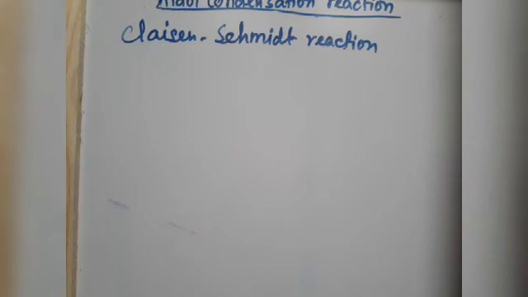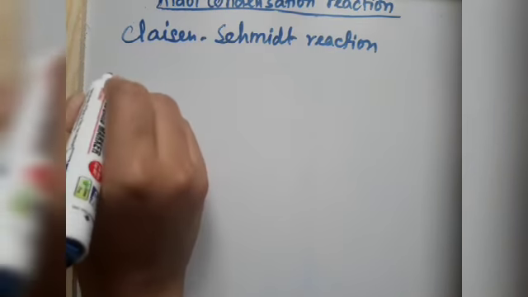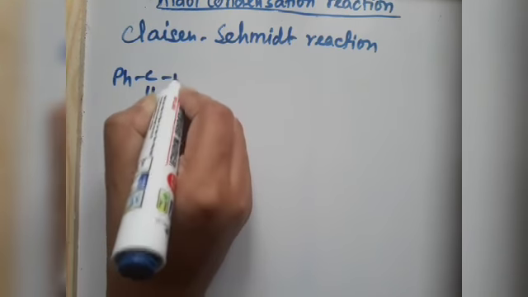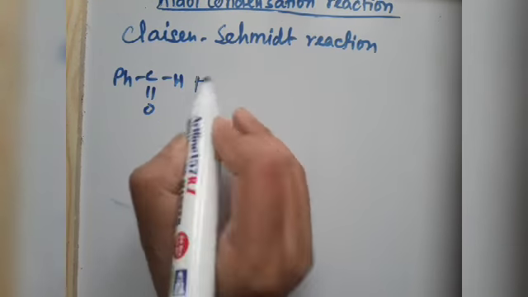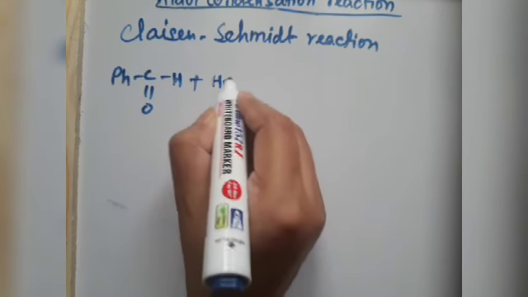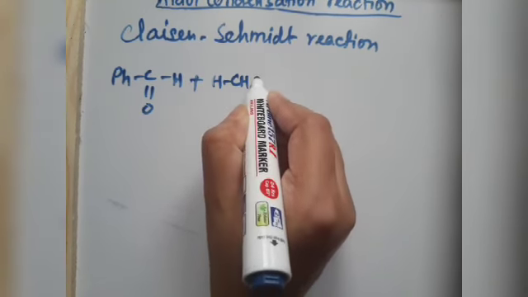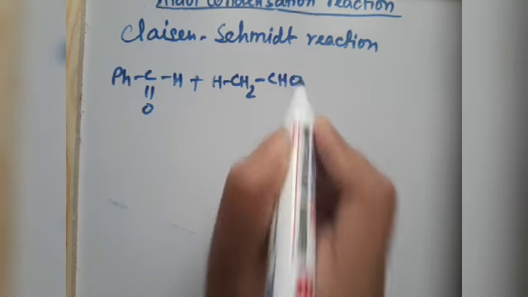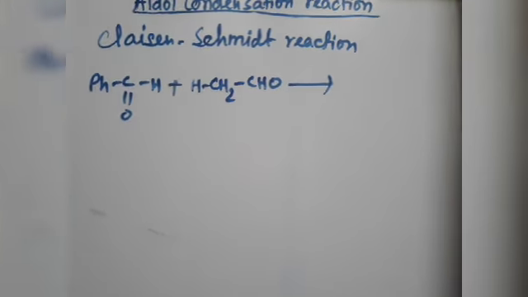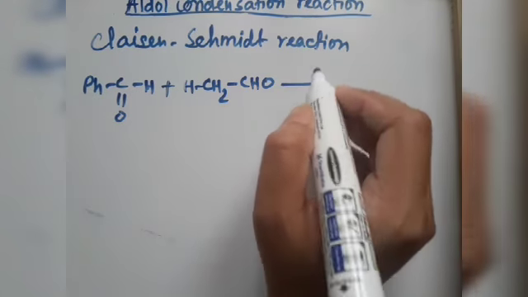For example, PhCHO, this is benzaldehyde, right? Along with this we are taking acetaldehyde, and treating it with dilute alkali.